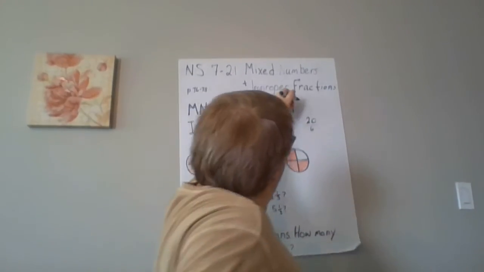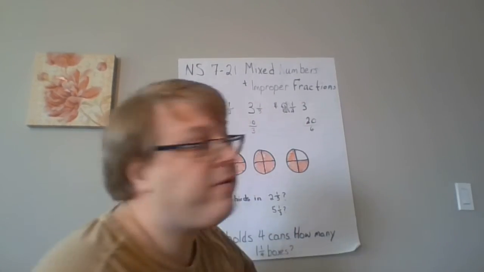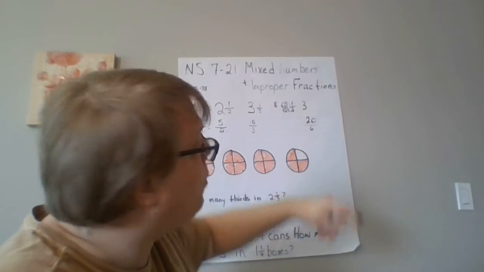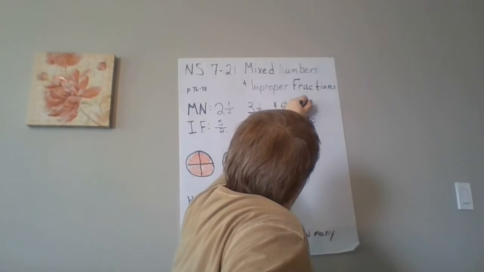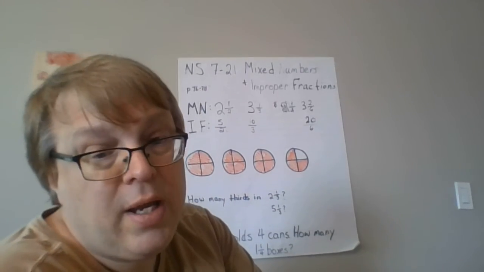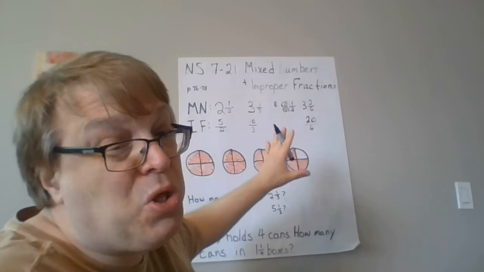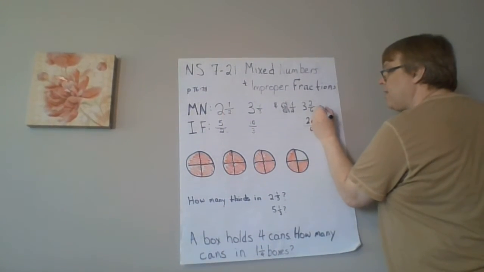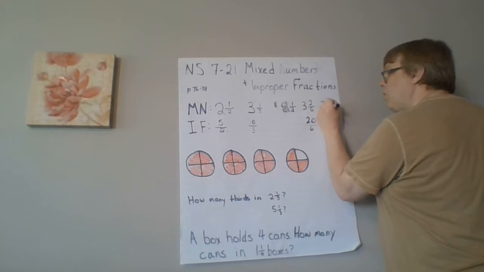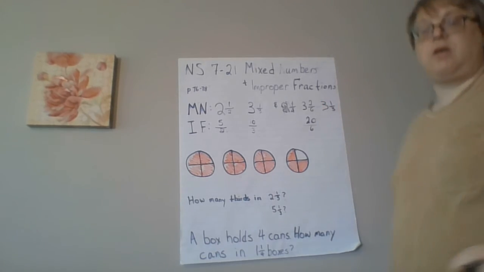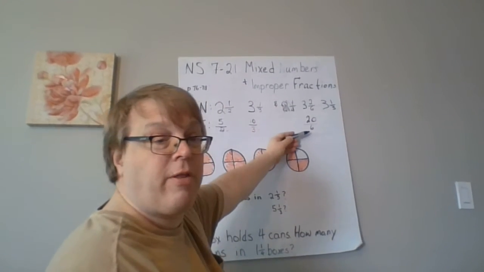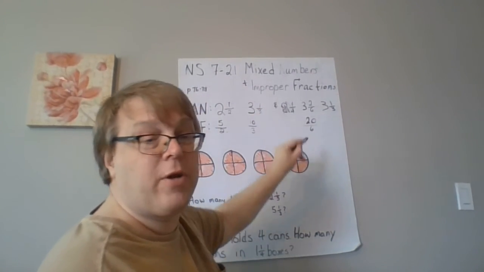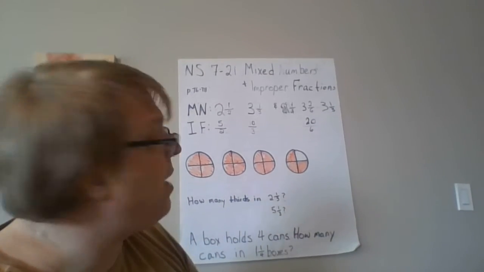Oh, we know there's 3 whole. 20 divided by 6 is 3 whole. What's left over? Well, 6 times 3 is 18, so there's 2 left over. So we say 3 and 2/6. If we want to be super cool, super awesome, we would change this into 3 and 1/3. But can we see how this is turned into this, and this can be turned into this, right? If you can do this, you've got fractions down pat.